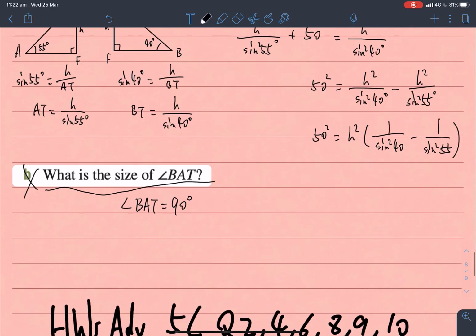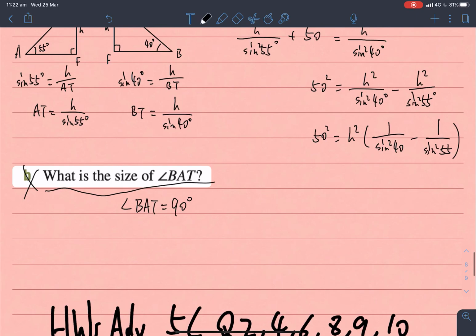We find a common denominator and then we work it out as sine square 55 minus sine square 40 over sine square 40 sine square 55.